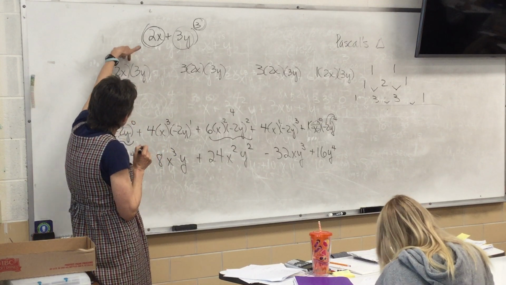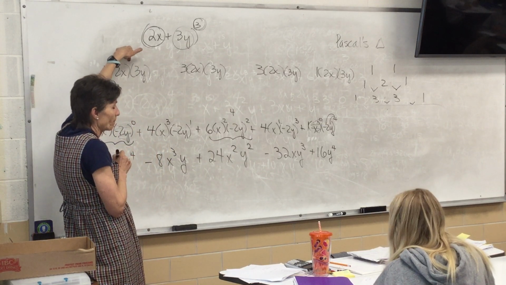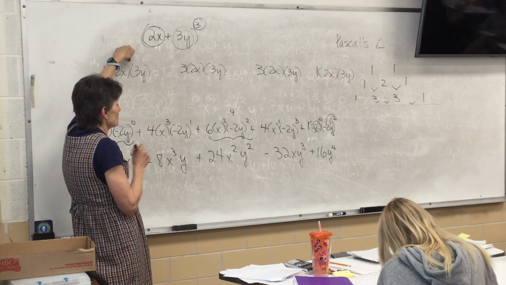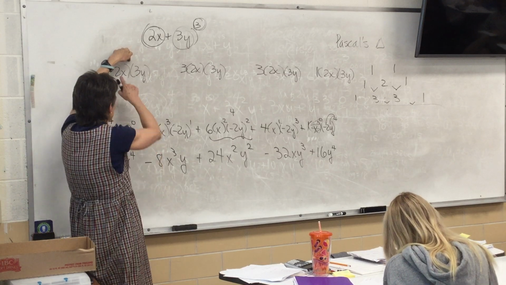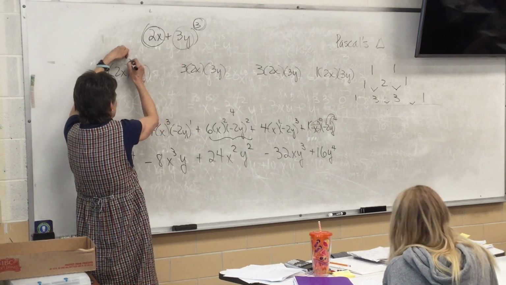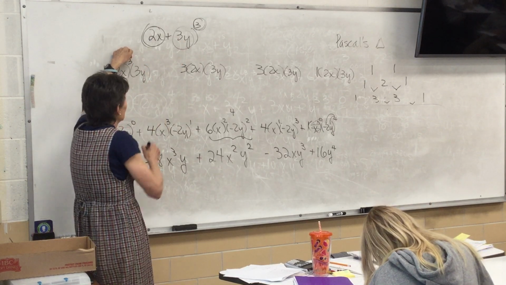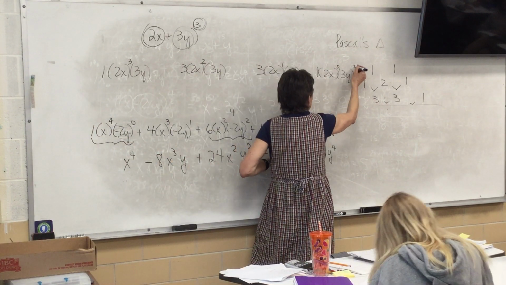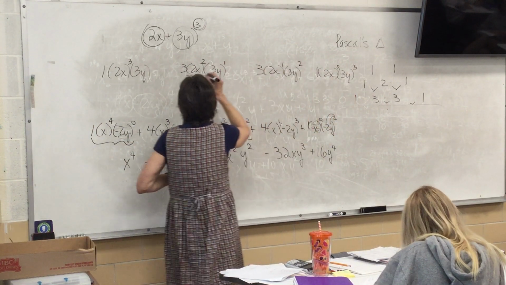Thomas, what's the power that's going to go right here where my finger is pointing? Would it be 0 and then 3 on the other side? Actually, it's backwards from that. The first number starts out with the power. So that's going to be 3 there. And then 2, 1, 0. And then 3, 2, 1, 0.